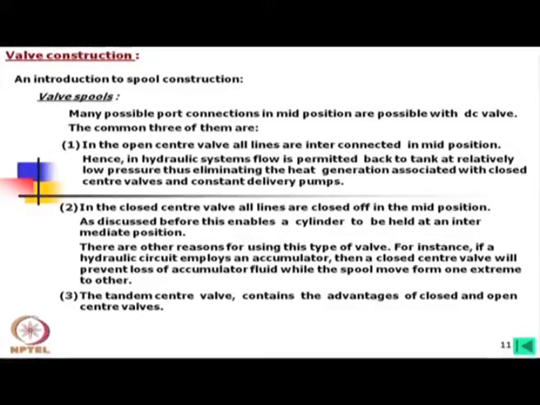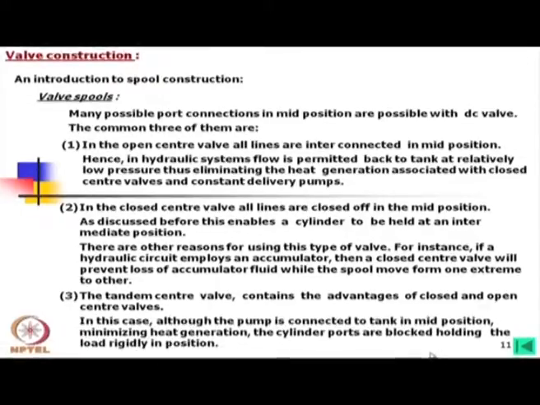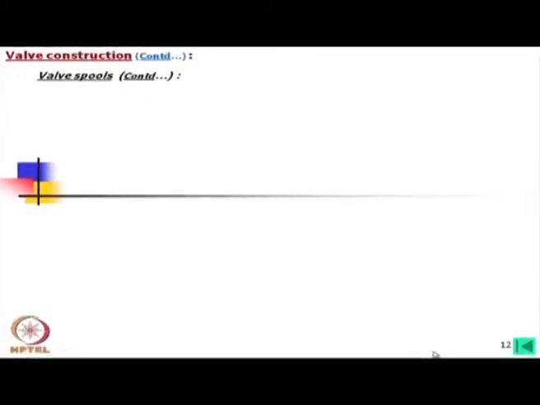That saves energy as well as keeps the workload at current positions, but by that we lose some other advantage of being a closed center valve. In this case, although the pump is connected to tank in mid positions, minimizing heat generation, the cylinder ports are blocked, holding the load rigidly in position.